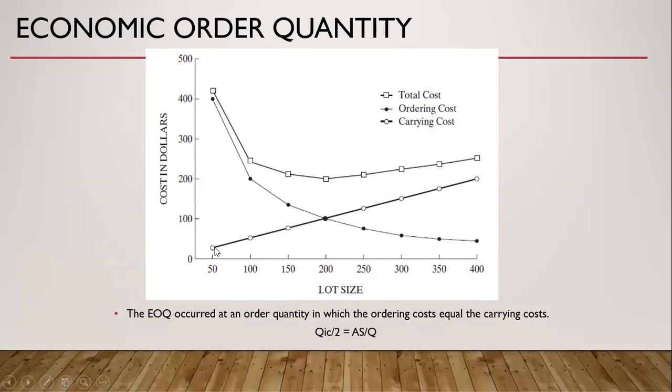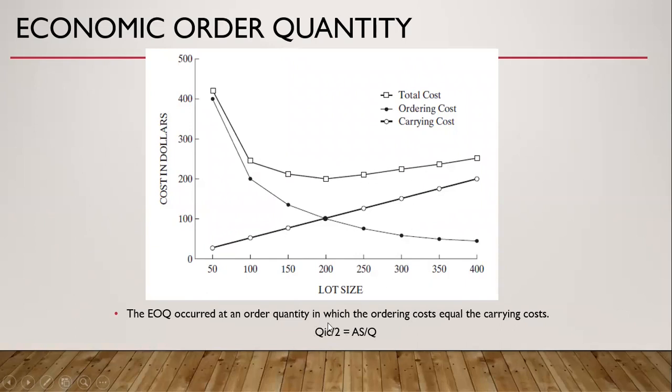If we order small amounts, we have less average inventory, so we have less carrying cost, and this increases with the increase in lot size. At the crossover of these two graphs, the total cost is lowest. So it is the lowest point of this total cost curve.